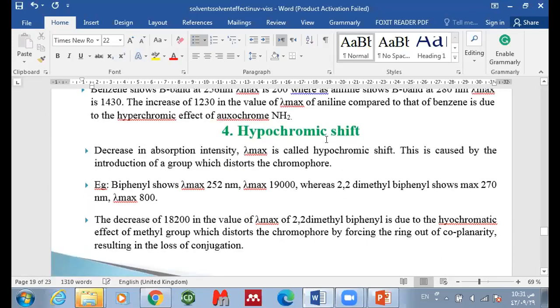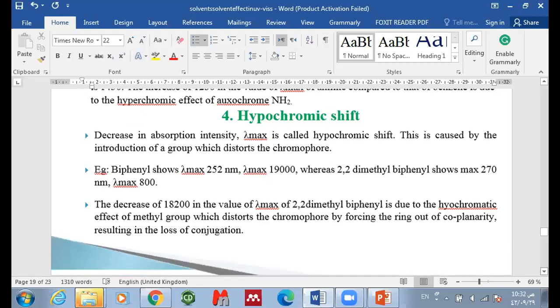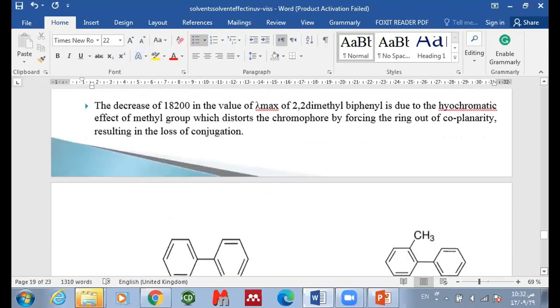Hypochromic is opposite to the previous one, when the intensity of lambda max will shift or decrease, will undergo a decrease in lambda max.